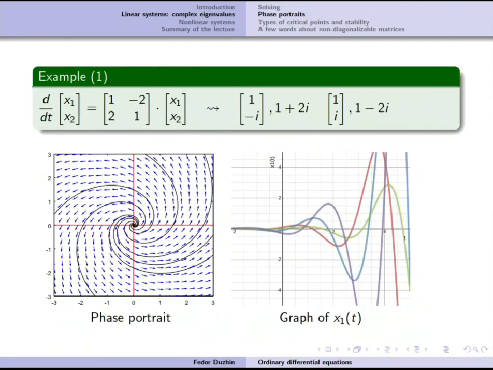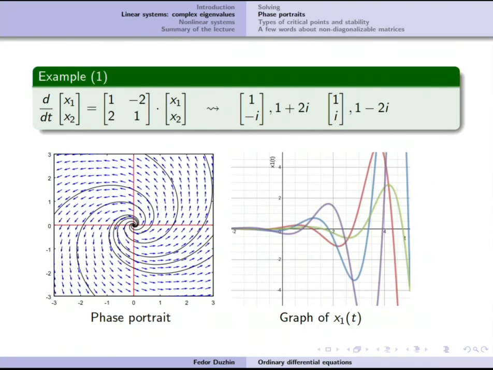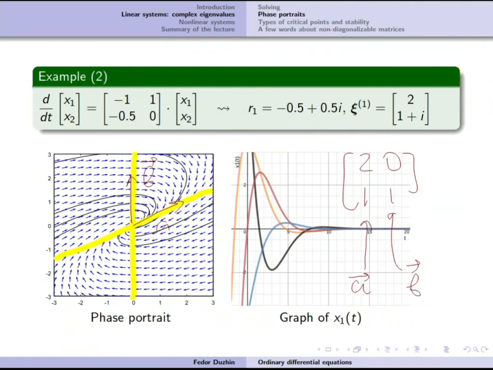This is as compared to the previous example, where A and B are perpendicular. So the spirals there are more round, and here the spirals are a bit skewed.